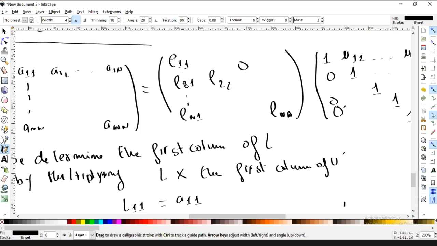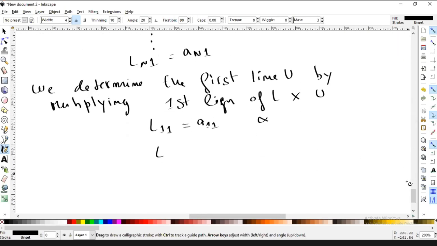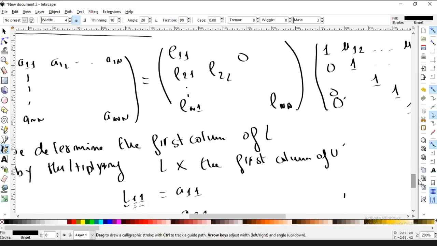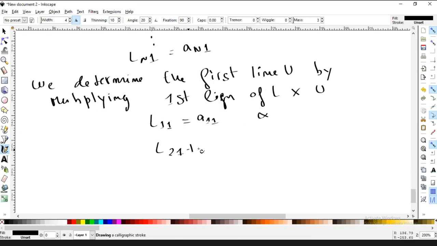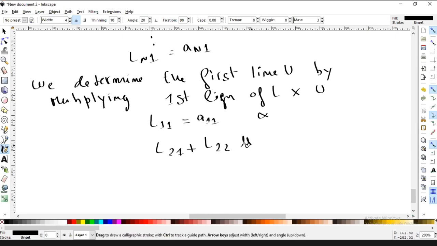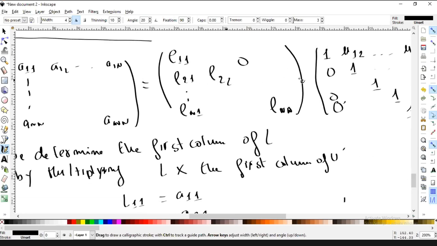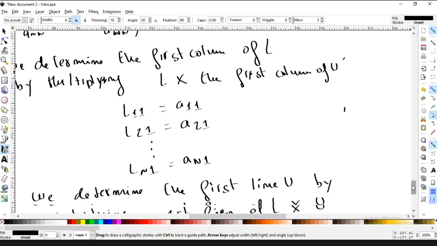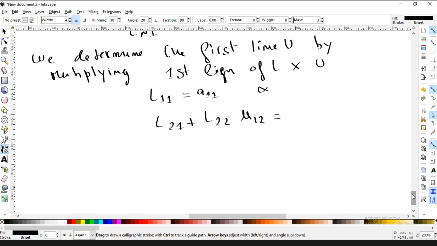So L21 multiplied by U12 plus L22 is equal to A22.